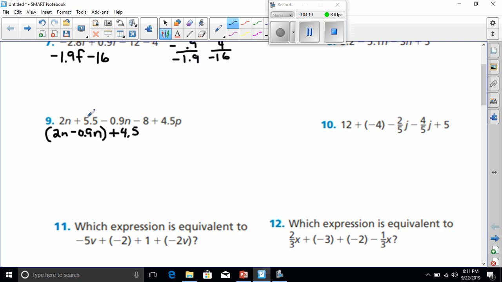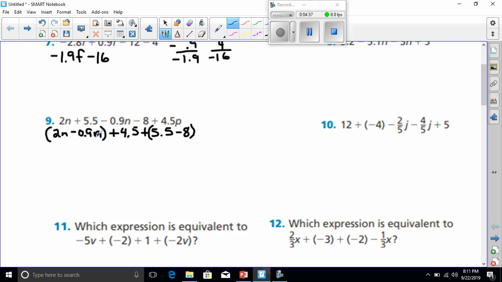I have a positive 5.5, plus 5.5. And then I have a negative 8 here, minus 8. And those are my numbers. Okay, so let's go ahead and combine our terms now.